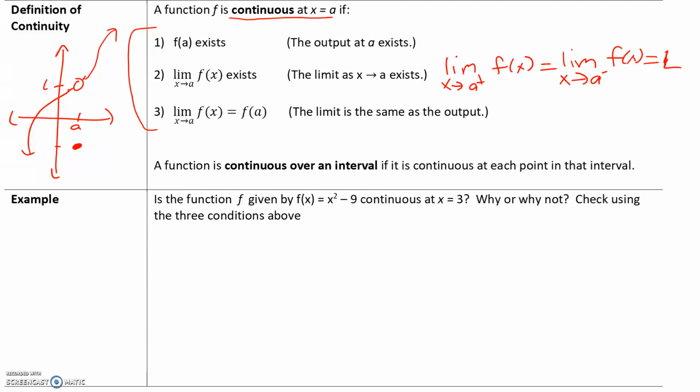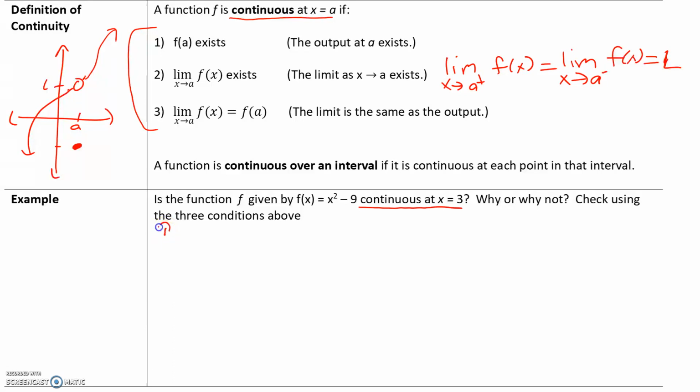Here's an example. Is the function f given by f of x equals x squared minus 9 continuous at x equals 3? Why or why not? Now, anytime we're asked this question, is the function continuous, we have to go through all three of these requirements and show one by one that all the requirements are met. And definitely know these for the exam because this will 100% be on the exam.